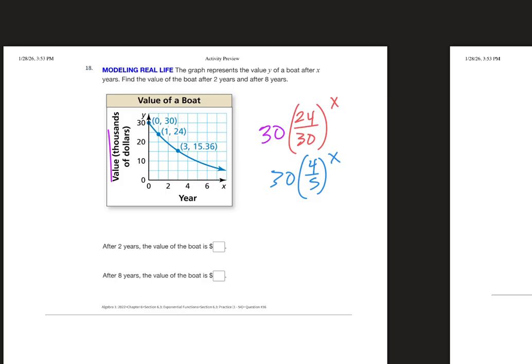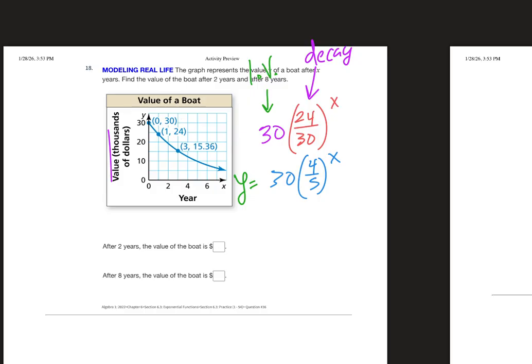So this is our formula, and if you're like, how would I have known that? Well, here's how. We knew that we had an initial value, right? And we knew that it was decaying, going down, right? And so this number, this red number, the thing I'm talking about decaying, needs to be less than 1.